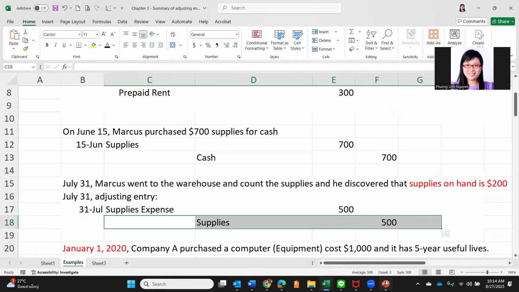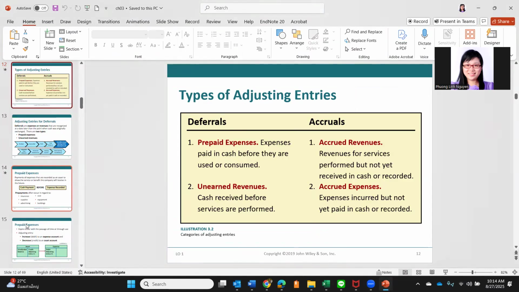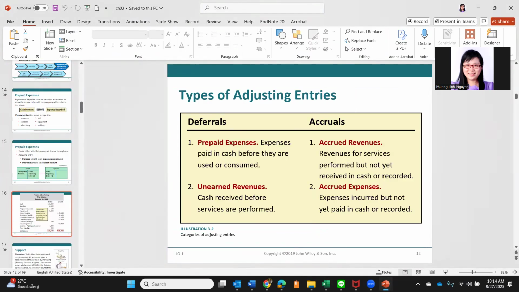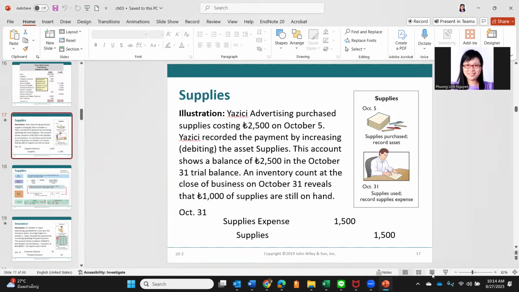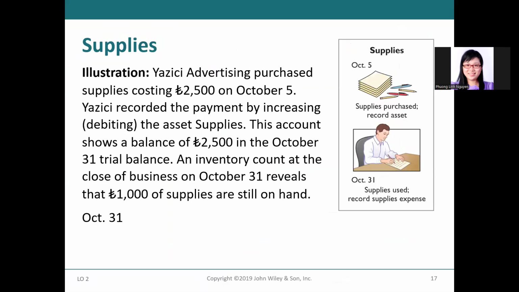Now let's look at the example here. Yazici Advertising purchased supplies costing 2,500 on October 5. At the end of the month, an inventory count at the close of business on October 31 reveals that we have only 1,000 of supplies on hand.